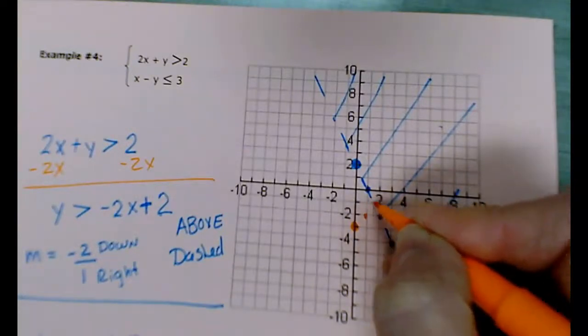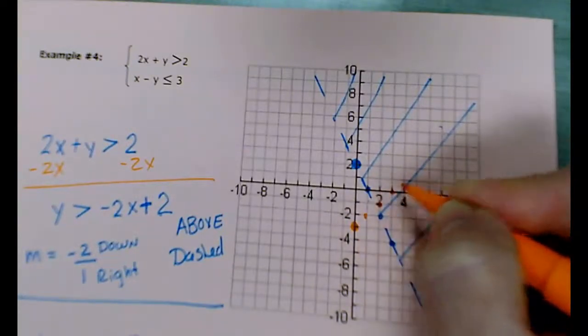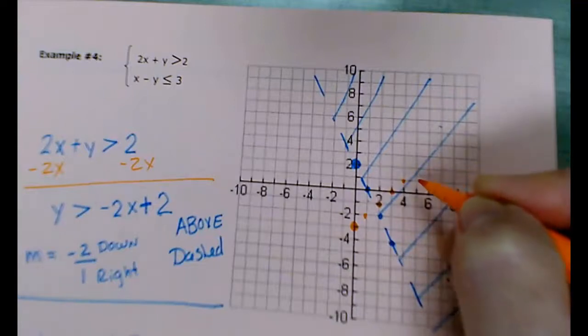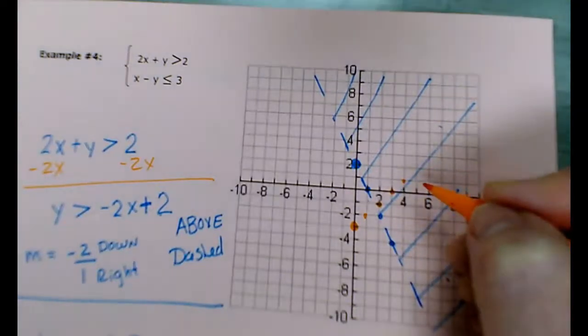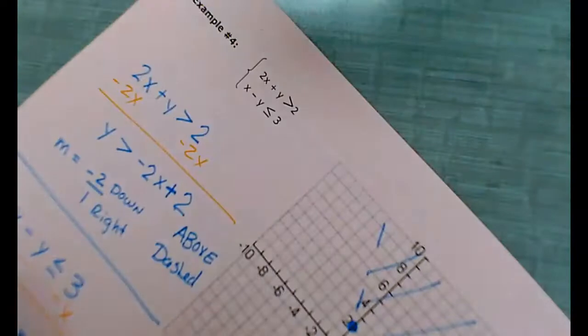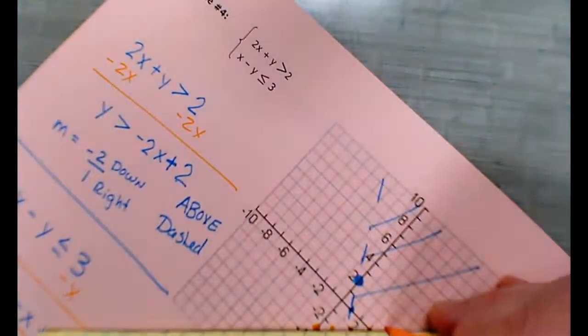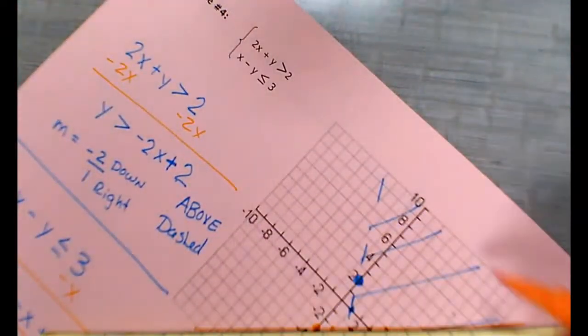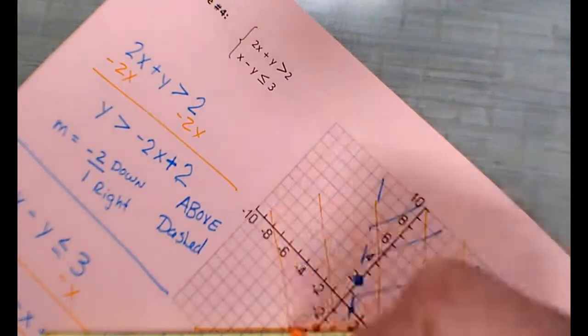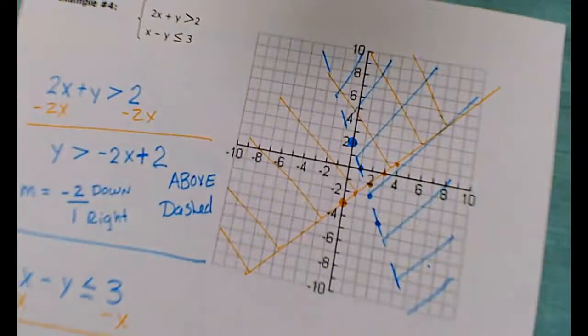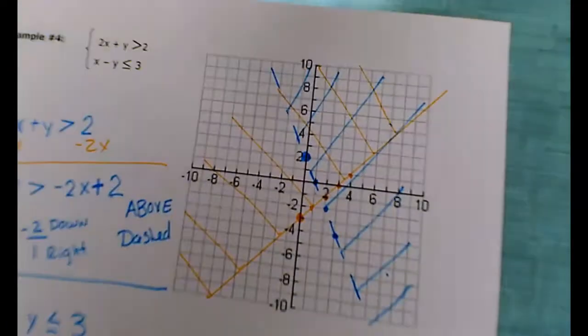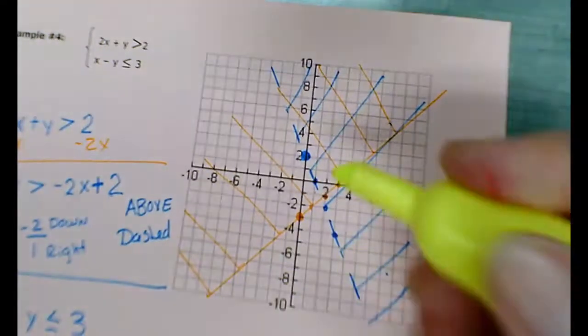The slope is 1, so I go up 1, right 1. And this is going to be a solid line, and I'm going to be above the solid line. What part got shaded in 2 times?